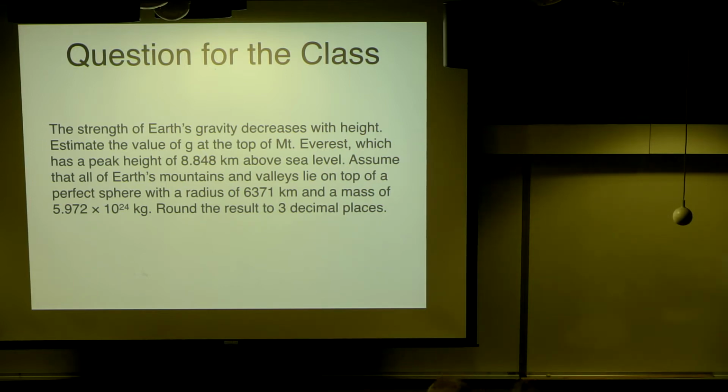Remember, we had a formula we derived for lowercase g. Look back in your notes and use that. Just use the slightly bigger radius and see what you get. You have to convert the kilometers.